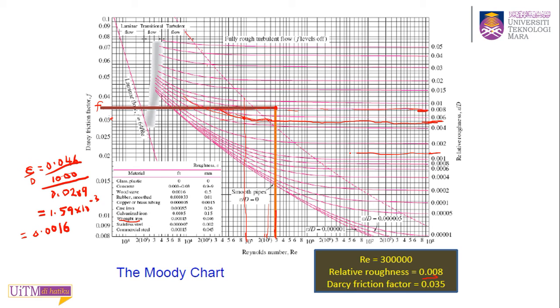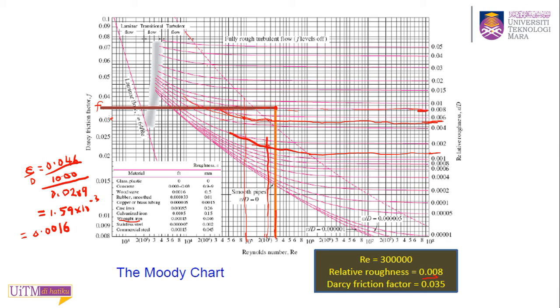So you need to draw a line, and after this dotted line you need to draw a curve line, where it meets 2.2. This intersection is your friction factor.